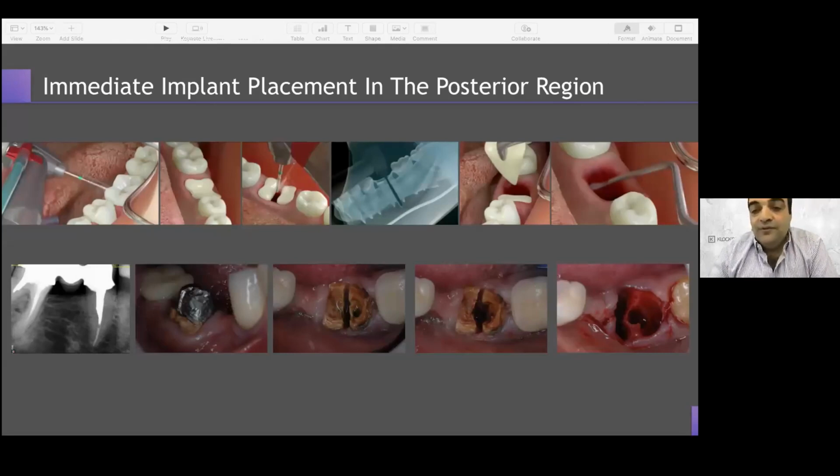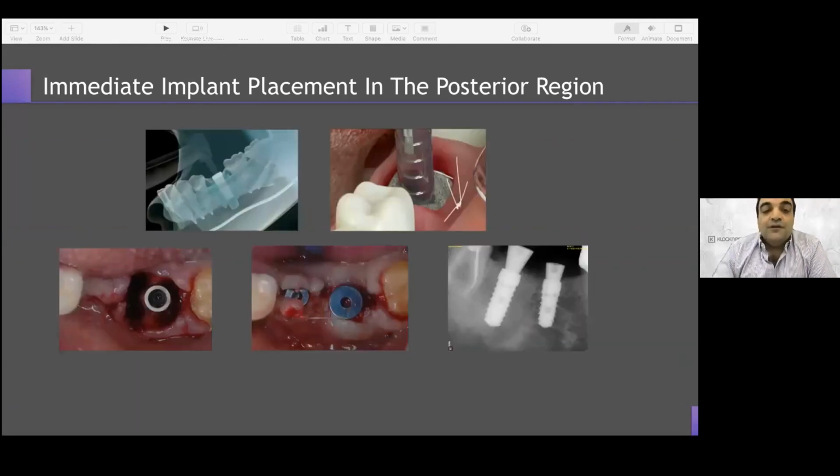We are going to be able to place our implant where initially we wanted it to be placed. After that, we are going to put our bone substitute, and or we will put a collagen sponge and do our suture, or we are going to do immediate temporization for these implants.